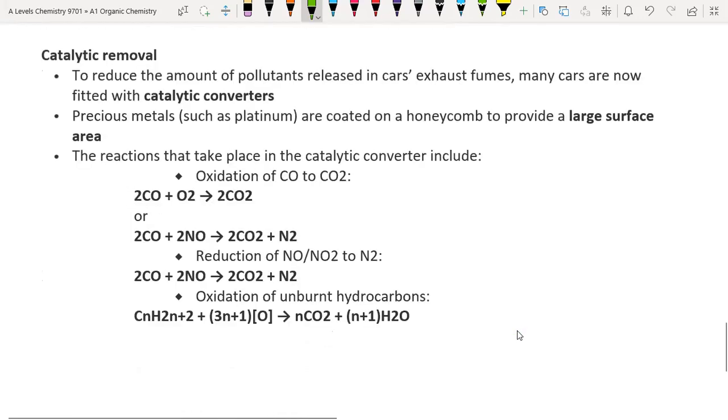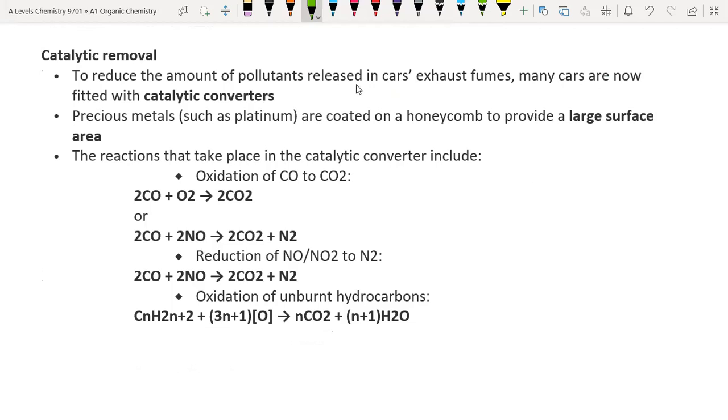How can it be prevented? This exhaust mixture contains carbon monoxide, oxides of nitrogen and volatile organic compounds.